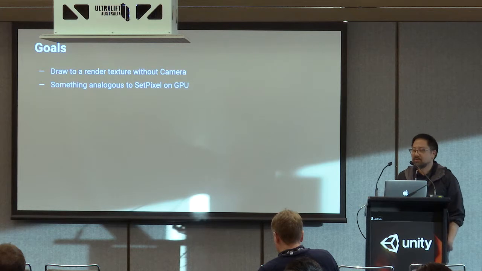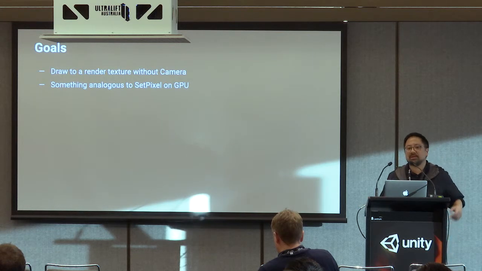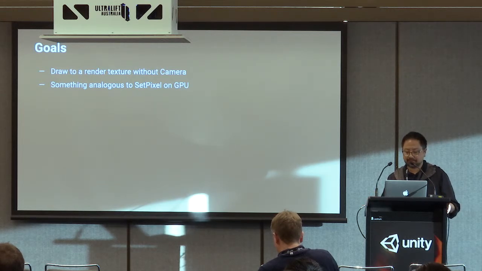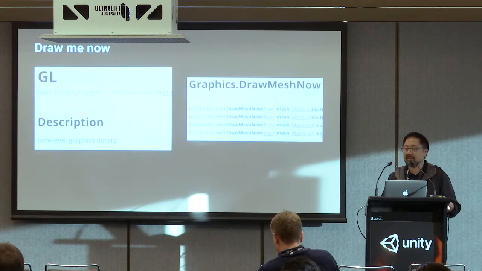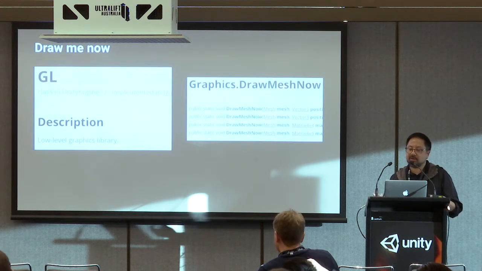But I wanted something more analogous to set pixel, something very easy to draw shapes and pixels like that. And for me, it's very annoying to have extra game objects like cameras and cubes just to render certain sprites. So what you can use is GL and Graphics.DrawMeshNow commands. GL is pretty similar to OpenGL, if you know it.